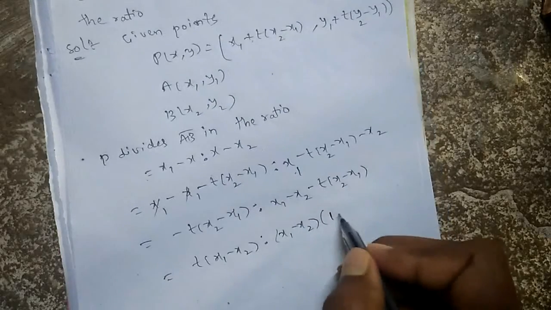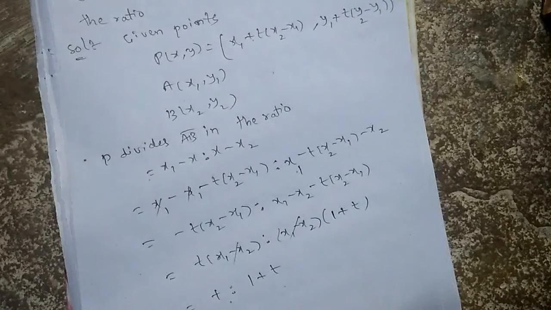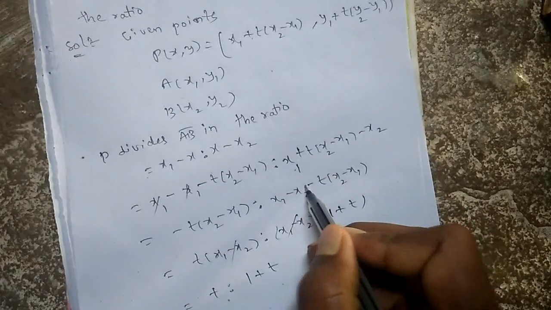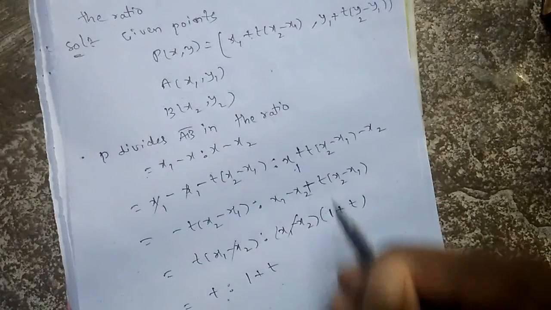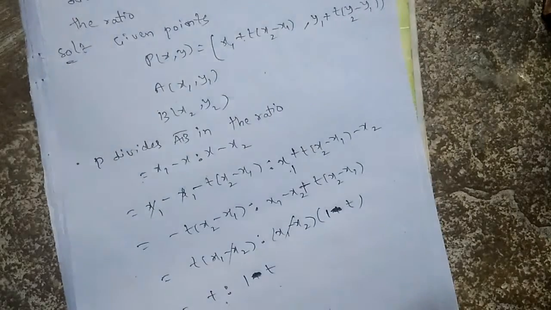This is 1 plus t. x1 minus x2 gets cancelled, that is t is to 1 plus t is the required ratio. Sorry, this is plus here, so it will be 1 minus t. Required ratio is t is to 1 minus t.